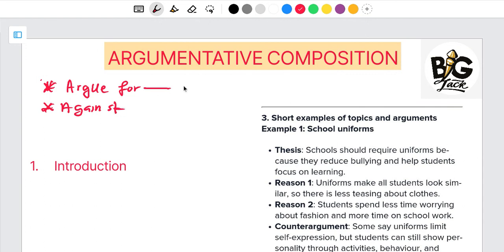If you are arguing for, you are agreeing with the question, that surely uniform should be abolished. If you are against, it means you are disagreeing with the motion.